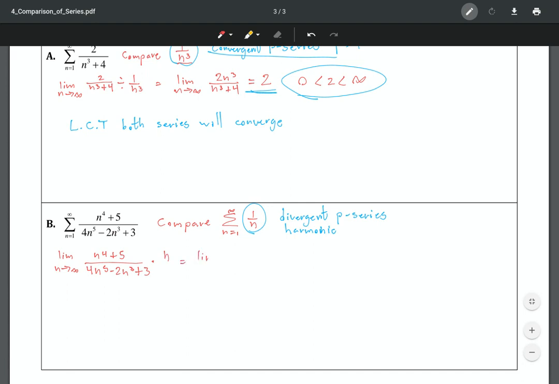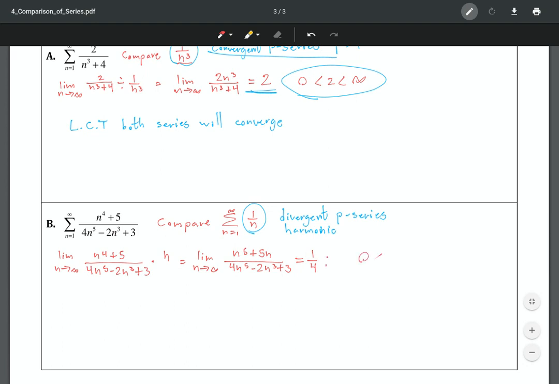I just do a little bit of the math here. This right here is going to give me n to the fifth plus 5n over 4n to the fifth minus 2n to the third plus 3. Now, this right here, the limit is going to be 1 over 4.